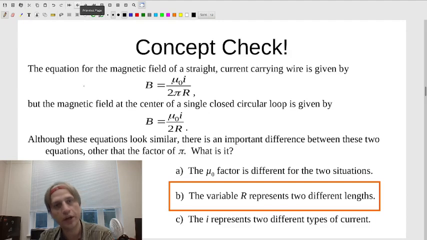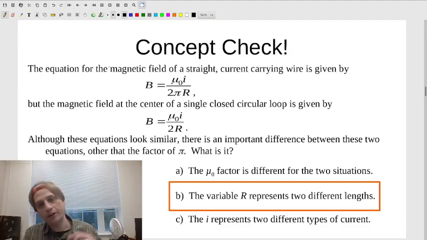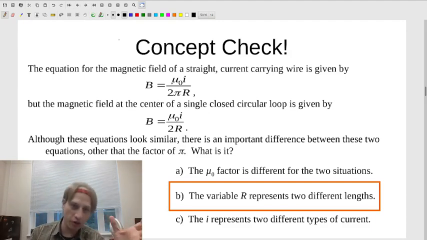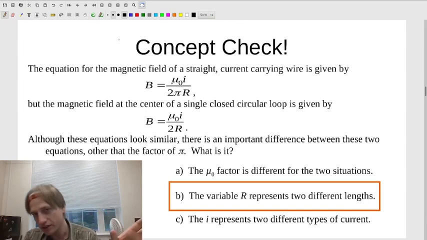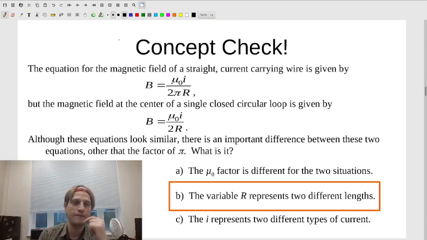Now, just to do a quick concept check, I know there's a lot of equations running around because we've done derivations and then we come up with a single thing. I'll have you notice that the equation for the magnetic field of a straight current carrying wire is given by this. This expression is for a straight line of current.